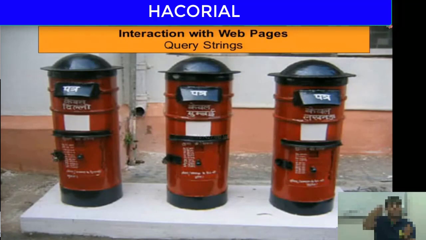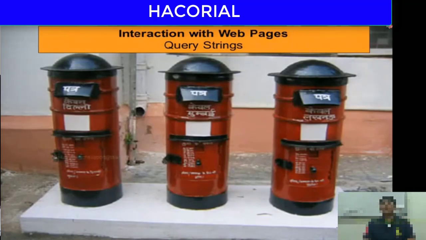So you type the source station, destination station, the date. So all the information that you fill up in that form has to be sent from your computer to that IRCTC website or Cleartrip, Yatra, MakeMyTrip or GoIBibo. So all those things that are transmitted from your machine to the remote website are sent using query strings.